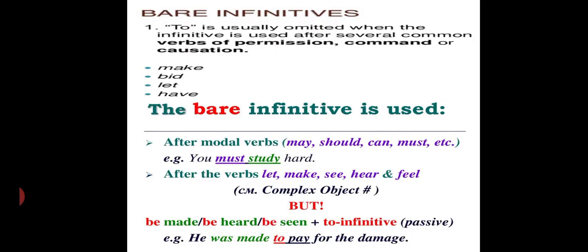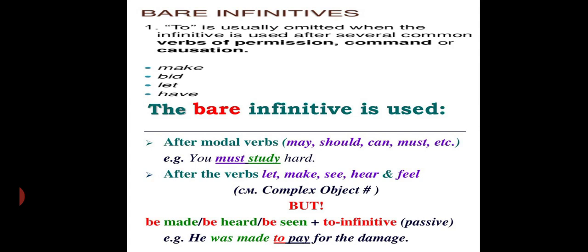Okay, now we have learnt about the to infinitive. Let's shift to bare infinitives, wherein we do not put the word to. So to is usually omitted when the infinitive is used after several common verbs of permission, command or causation, like make, bid, let, have. The bare infinitive is used where?